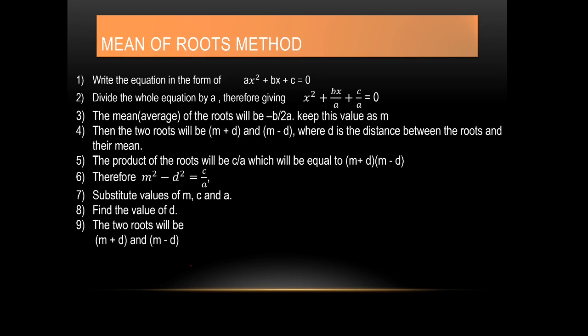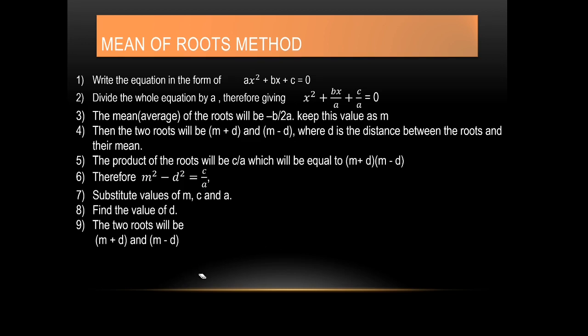So we multiply m plus d and m minus d and use the identity a square minus b square is equal to a plus b into a minus b, and get m square minus d square is equal to c by a. So here two things which you should know is the sum of the roots is equal to minus b by a, and the product of the roots is c by a. So now we get this equation, we substitute the values and get.